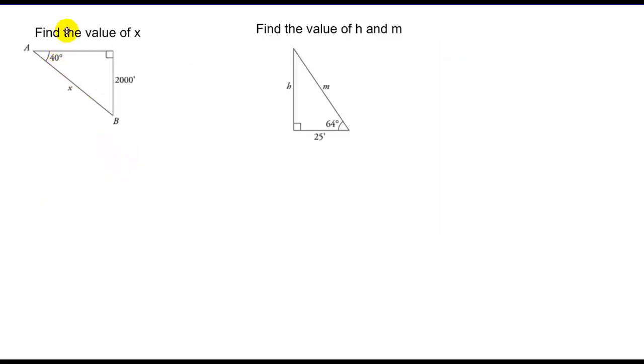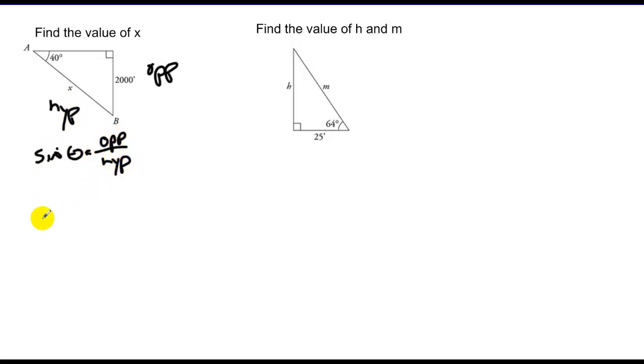So these next two problems are a little more like the problems we did in geometry. Here we have an angle, a right triangle, and a side given to us. The relationship is that this side is the opposite relative to the angle, and this is the hypotenuse, so we use a sine ratio because the sine is equal to the opposite over the hypotenuse.